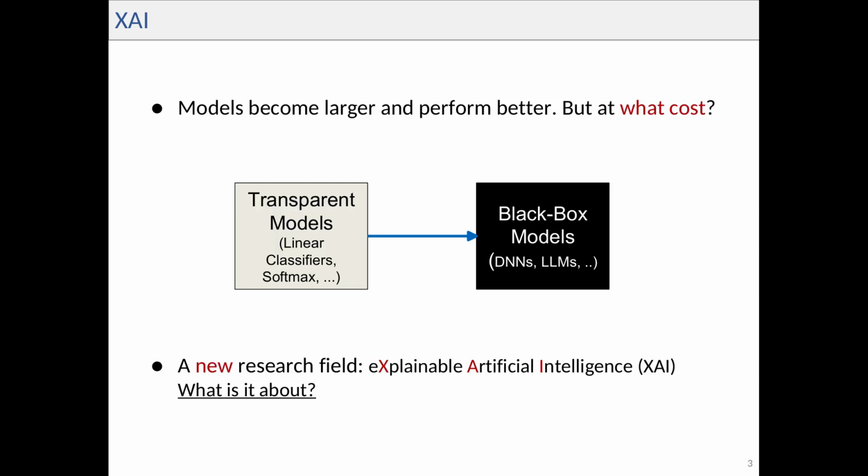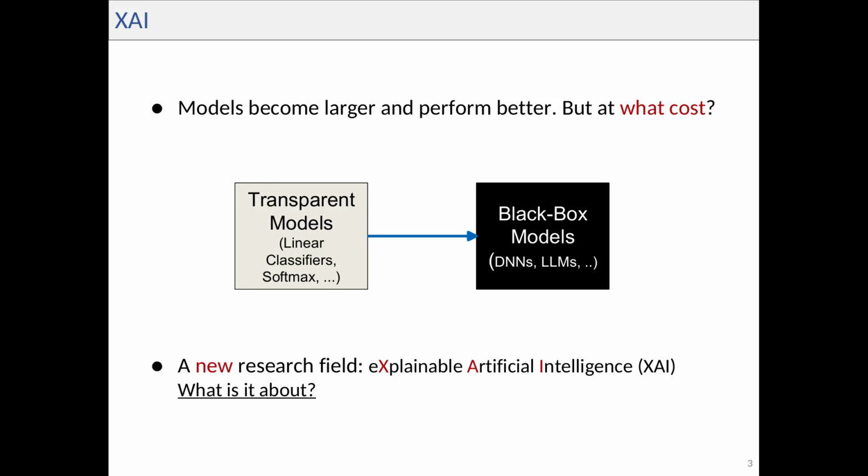All right, so now it's about explainability. As we saw in the last lectures, these models are getting better and better. We're now able to do things that 2 years ago I would say were even unthinkable. But of course this has come at the cost that models have become way more complex. The very old ones, like linear classifiers, were very easy to understand just by looking at the weights.